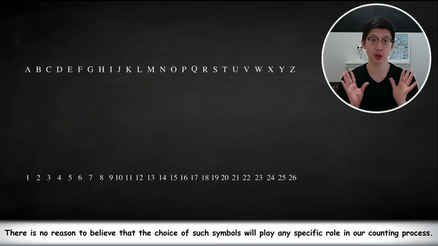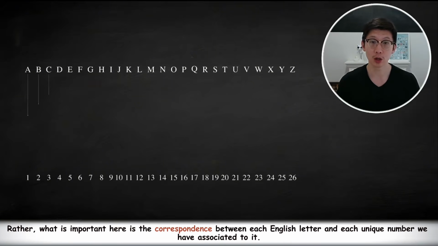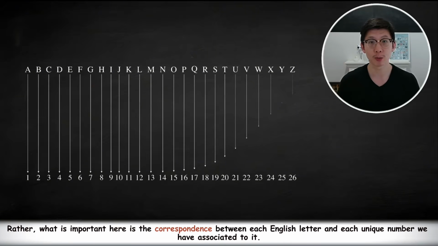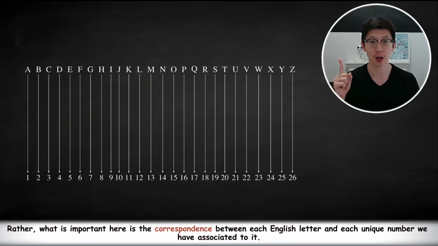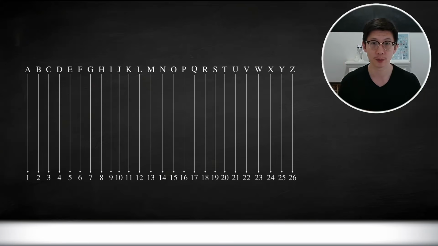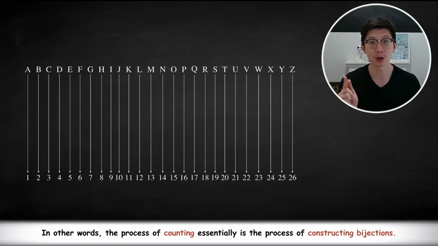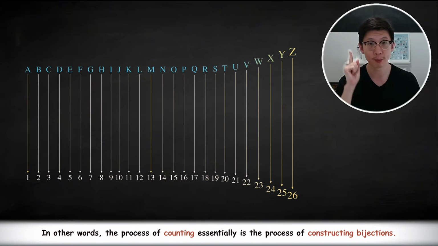There is no reason to believe that the choice of such symbols will play any specific role in our counting process. Rather, what is important here is the correspondence between each English letter and each unique number we have associated to it. In other words, the process of counting essentially is the process of constructing bijections.